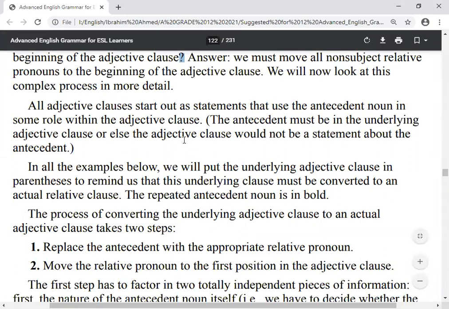In all the examples below, we will put the underlying adjective clause, meaning the clause that includes the antecedent, in parentheses, to remind us that this underlying clause must be converted to an actual relative clause. The repeated antecedent noun is involved.